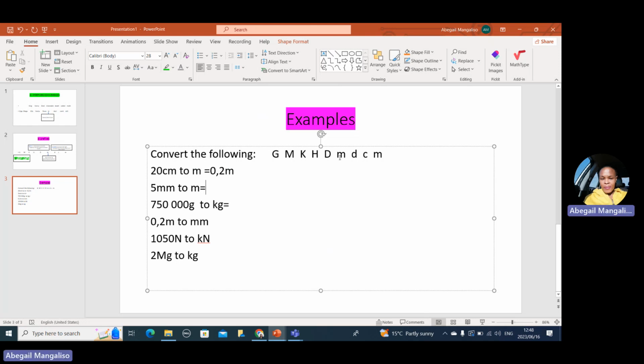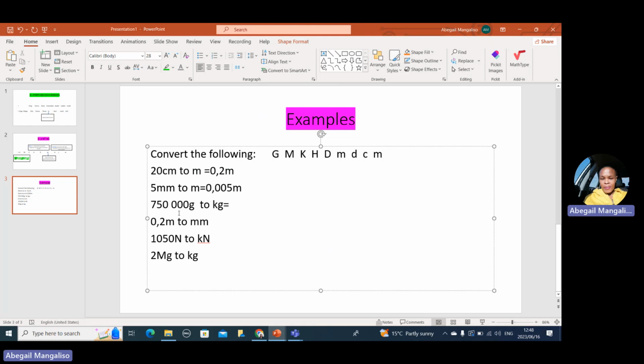I moved 3 times, so I will divide this by 10 to the power of 3. 10 to the power of 3 is 1,000. So when I divide 5 by 10 to the power number of times moved, it will be 0.005 meters.